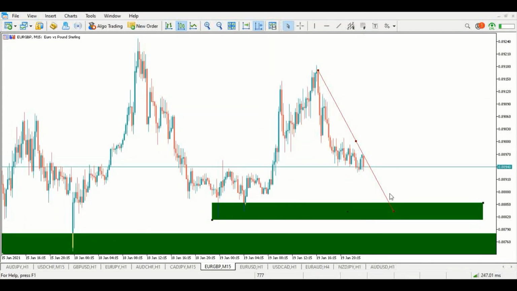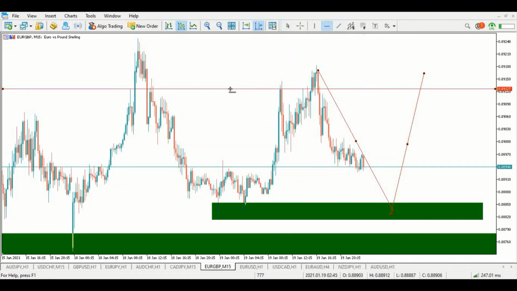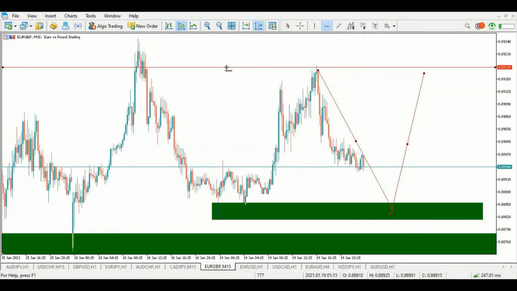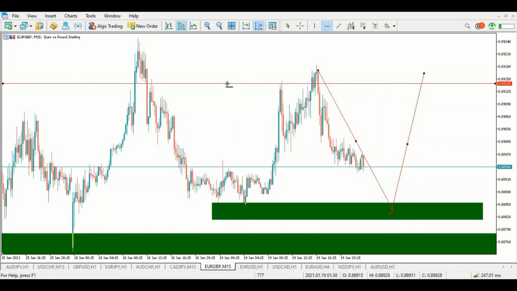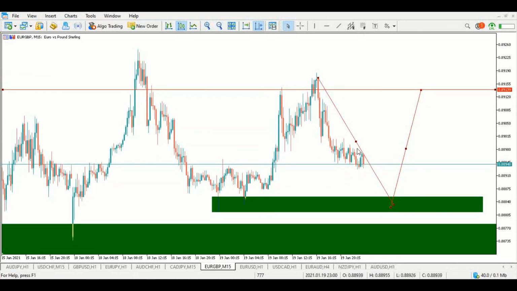I will be waiting for price to get back to this area level, and I'll be looking for some candlestick formations or some sort of rejection. And if I get that right on the 15 minute, I will be going long on this trade with my targets. I don't want them to be extremely high, I just want them to be reachable, probably there, and then manage the trade. So that is my thesis on this euro pound pair.